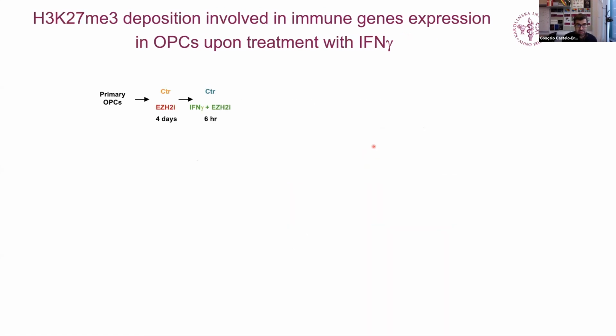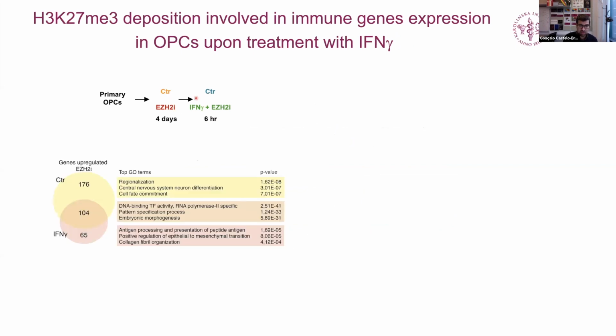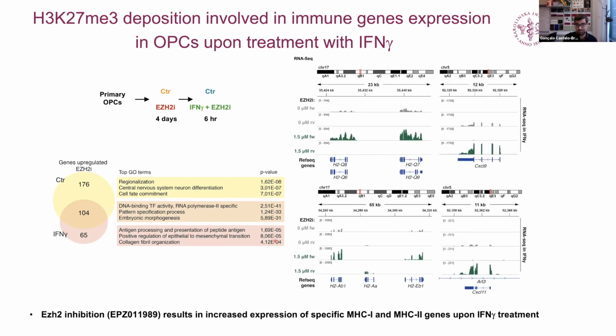So what Mandy and Enrichment then did was to treat primary OPCs with an EZH2 inhibitor in the presence of interferon gamma, and then perform bulk RNA sequencing. And what they observed was that while EZH2 inhibition by itself led to changes in genes involved in central nervous system differentiation, with interferon gamma and EZH2 inhibition at the same time, they would see genes involved in antigen presentation.